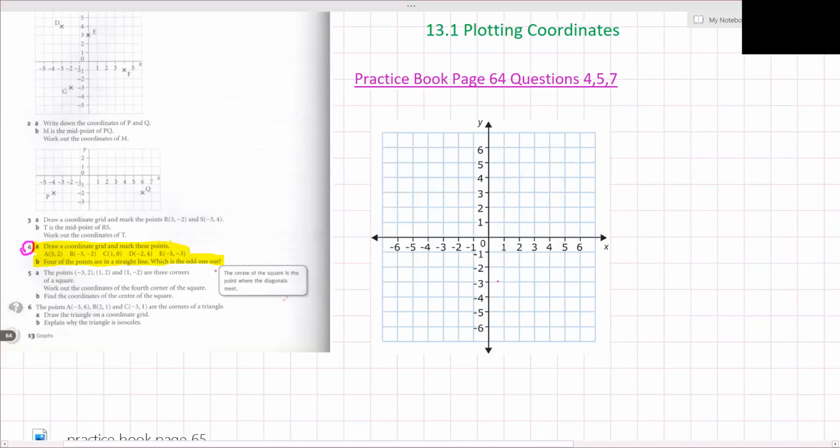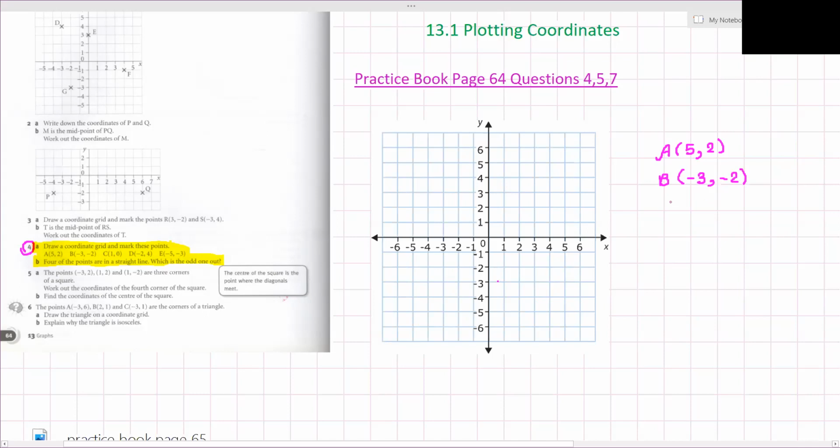The first point, A, is (5, 2). The second point, point B, is (-3, -2).